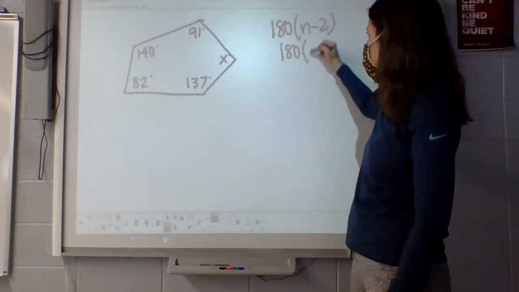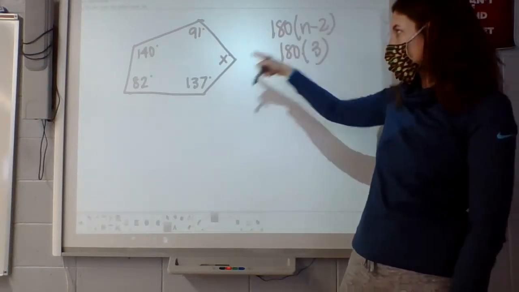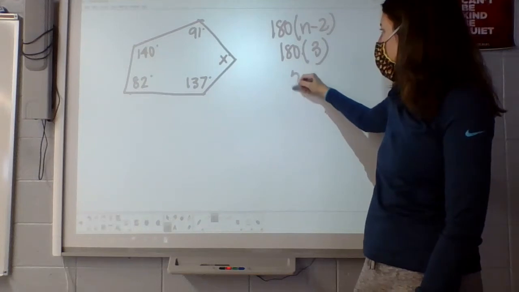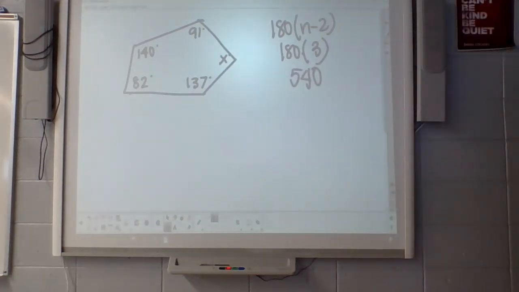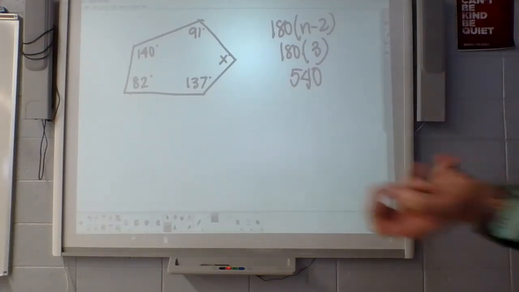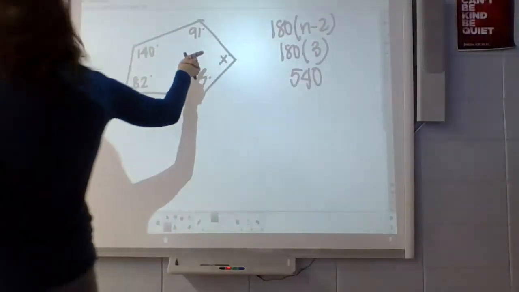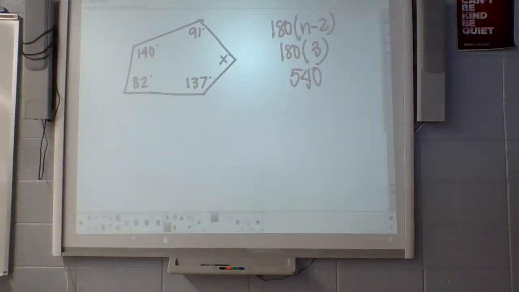So 180 times 3, because 5 minus 2, there's 5 angles. So this is 540 total. So these all together should add up to 540. So the missing piece, the leftover, would be 90. So this would have to be 90 as well. And it might not look like 90, but just go with it that it should be.